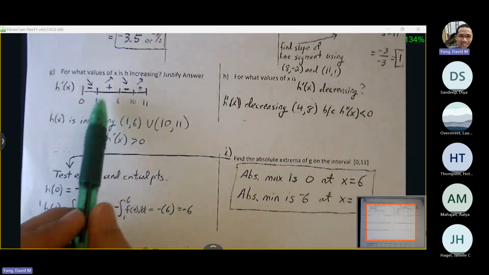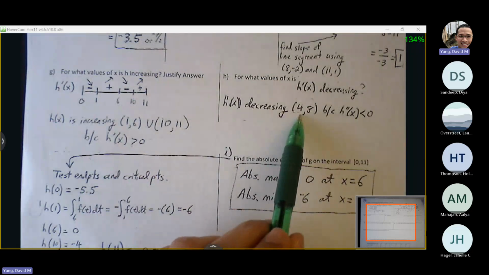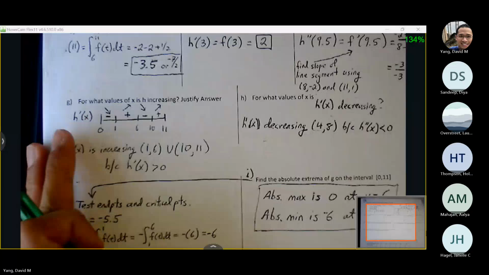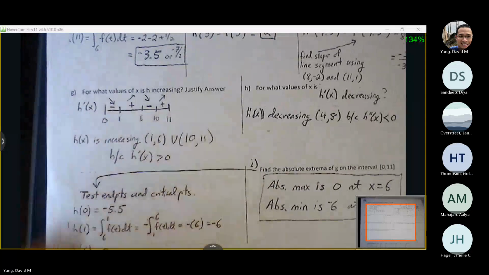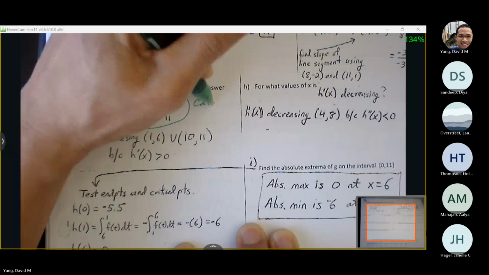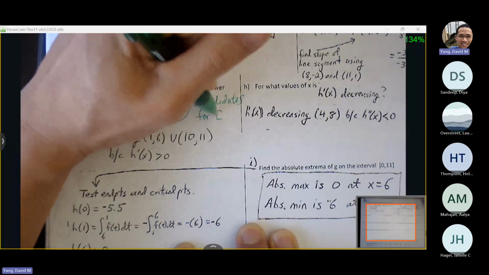So H is increasing from 1 to 6 and from 10 to 11 because H prime is greater than 0. And then H prime is decreasing. So this is H prime. So H prime decreasing, now we can look at the slope, decreasing from 4 to 8. And then these are your candidates for extreme value theorem.